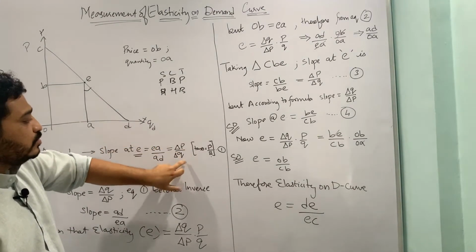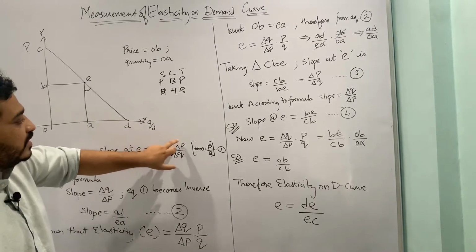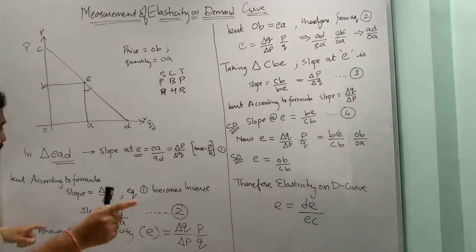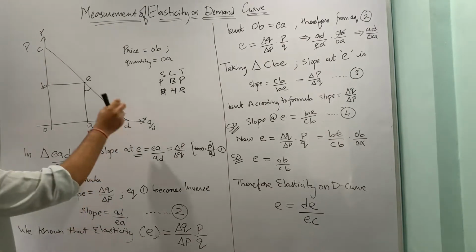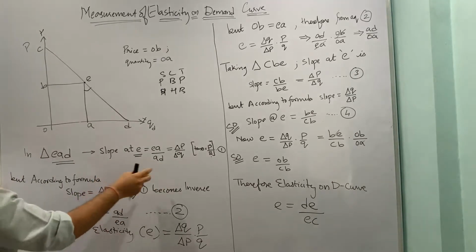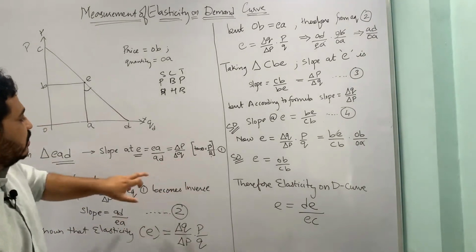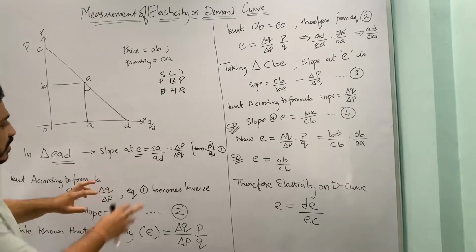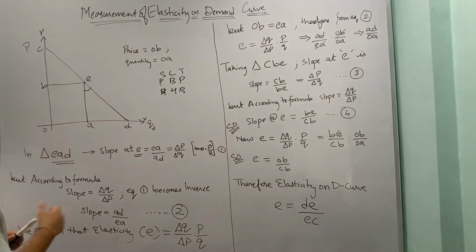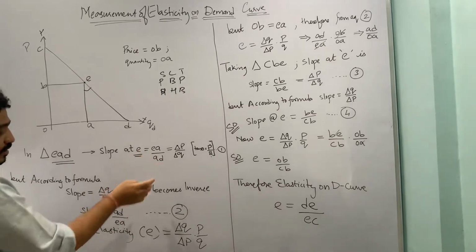But if you look at the formula, we need to find the inverse of this, which is delta Q divided by delta P. So, if I just reverse it, the slope at E is now given by AD in the numerator and EA in the denominator.